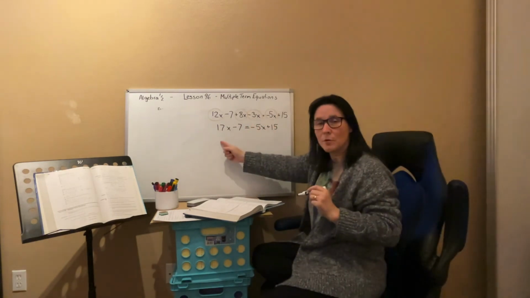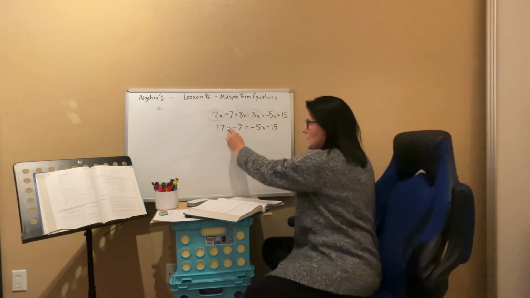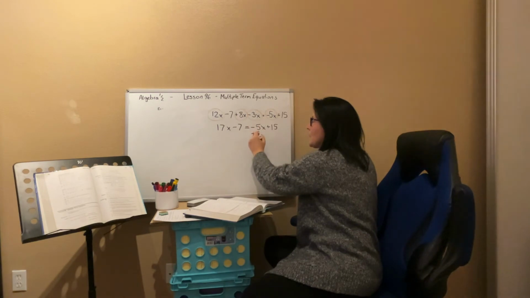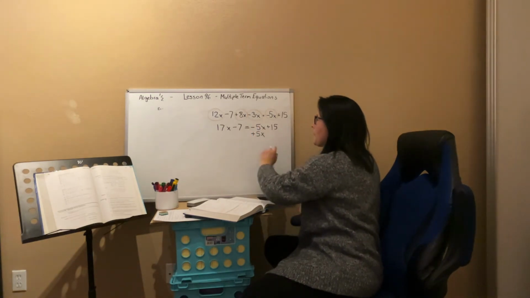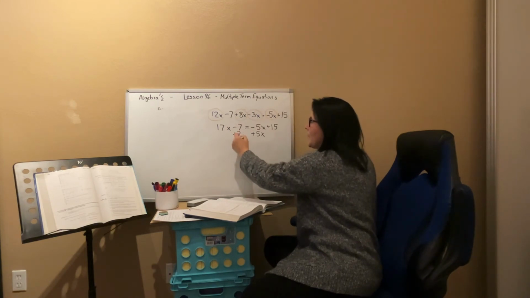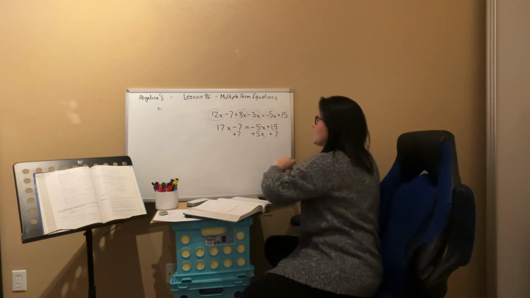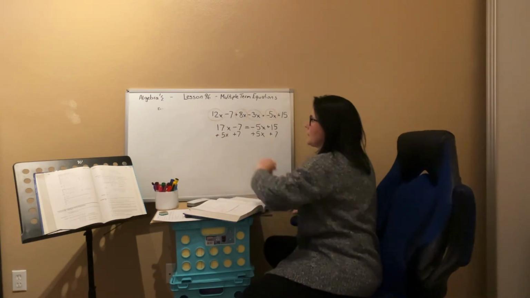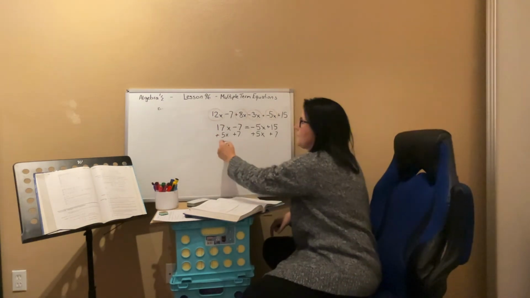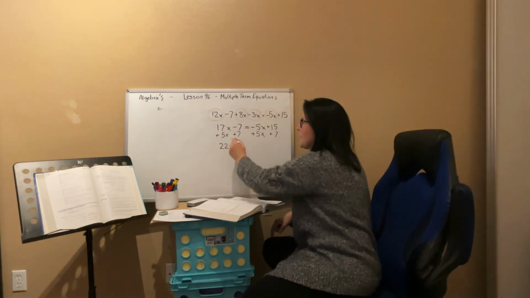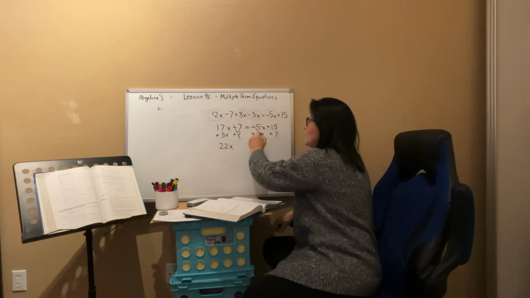Which side has the most x's? It's the left side. So we're going to get rid of the minus 5x by adding 5x. And then we're going to get rid of the minus 7 by adding 7. So plus 5x. 17x plus 5x makes it 22x. 7 minus 7 falls away.